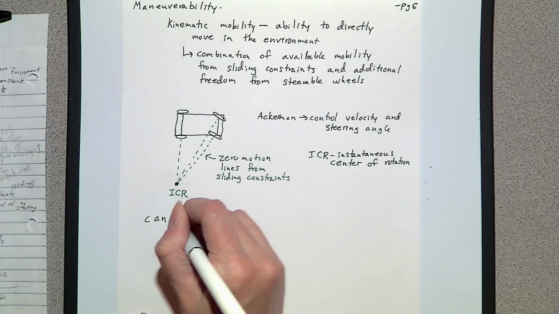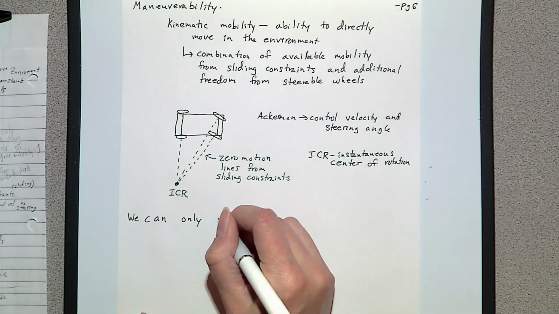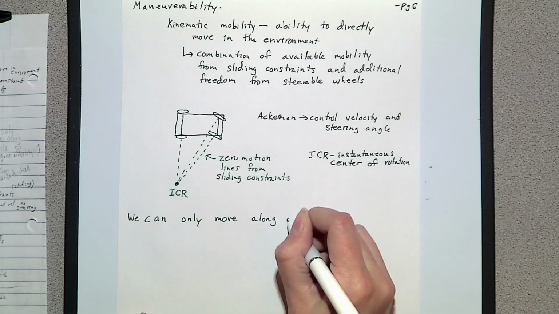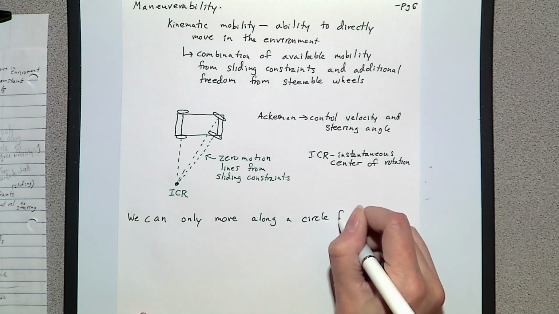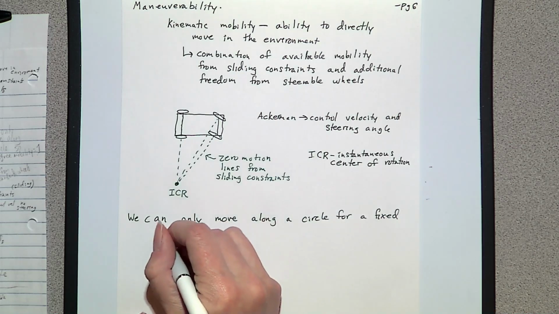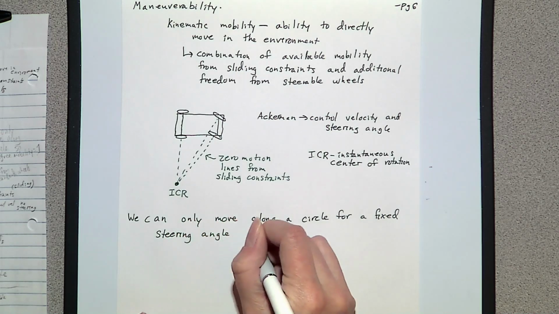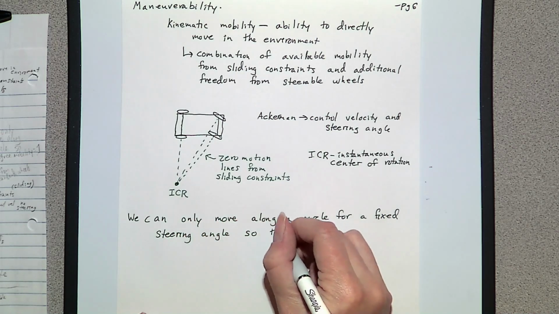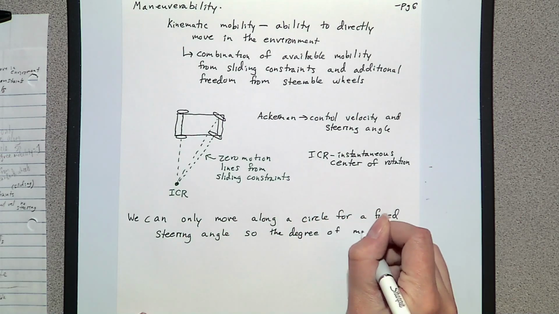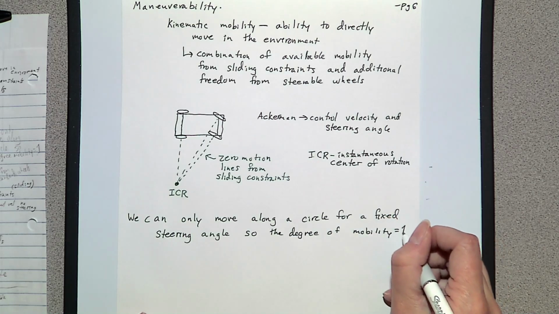So in this case, we can only move along a circle for a fixed steering angle. So our degree of mobility is equal to 1.